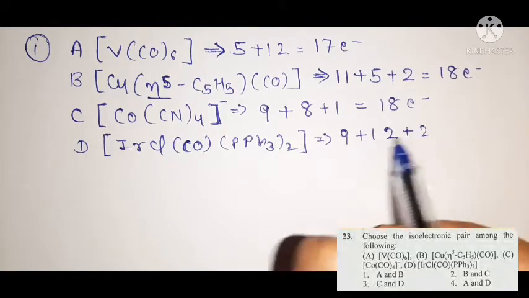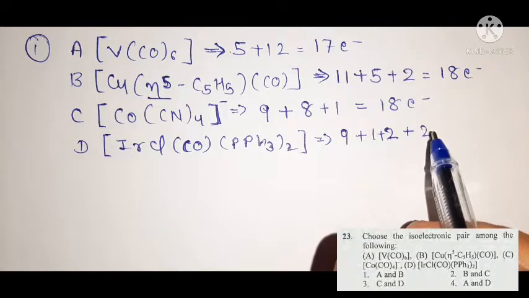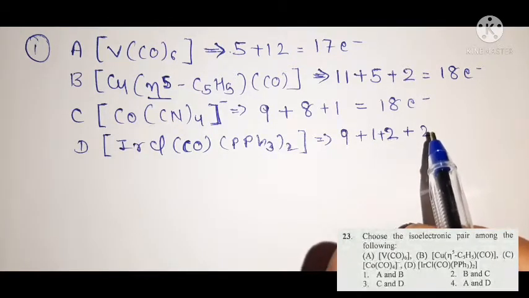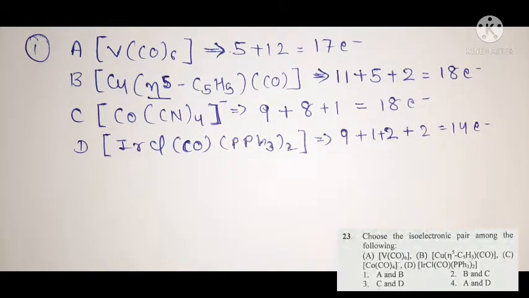Here 2 such ligands are present. So 9 plus 1 is 10, plus 2 is 12, plus 2 is 14. So this will be a 14 electron system.